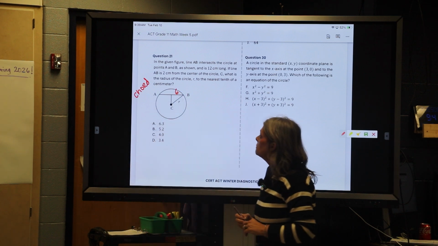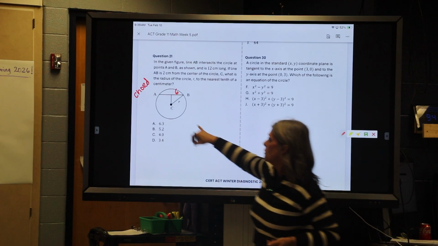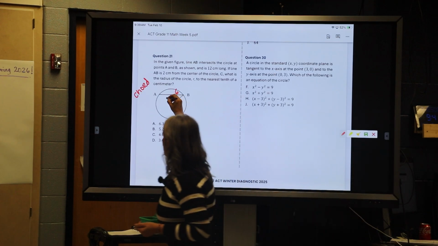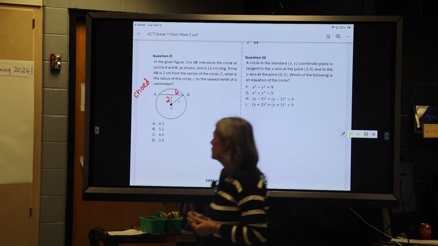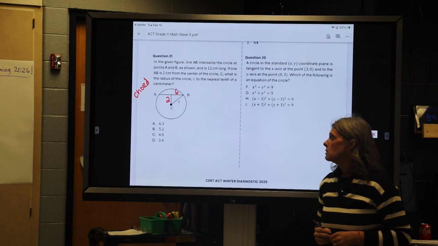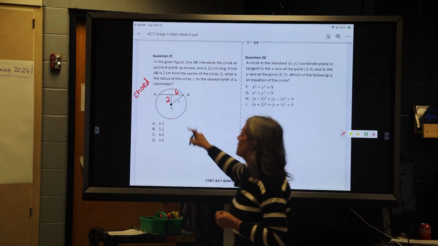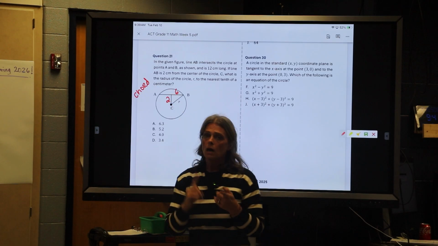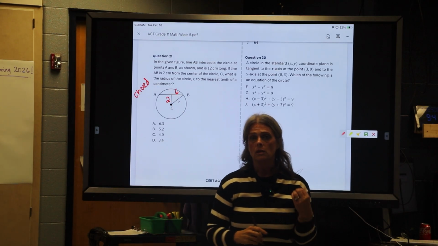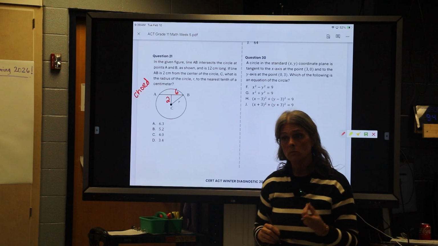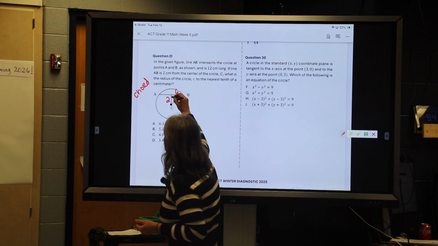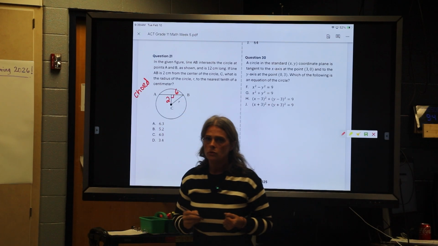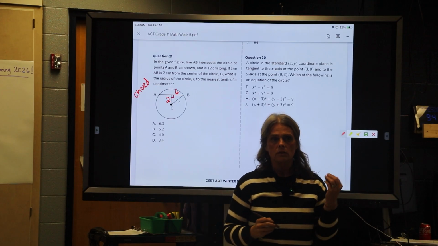They told you that the center was 2 away, so we know that measurement. I told you that this is a bisector, but the other theorem that you need to know is it is a perpendicular bisector, which means that it makes a 90-degree angle right here. What can I use to find the third side of a triangle that's a right triangle?